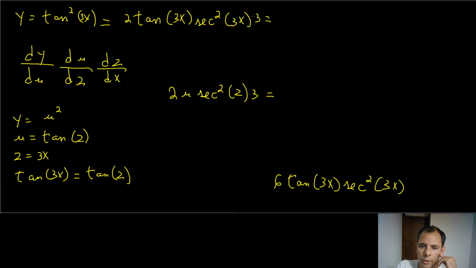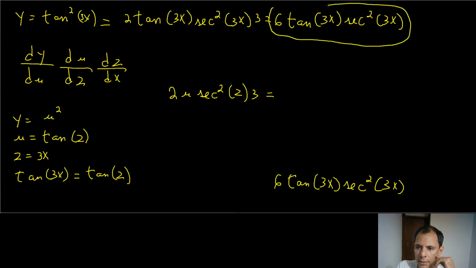So here we go. 3 times 2, you got a 6. And then you have the tangent of 3x, secant squared of 3x. Now look at this: 6 tangent of 3x, secant squared of 3x, and 6 tangent of 3x, secant squared of 3x. These are exactly the same.